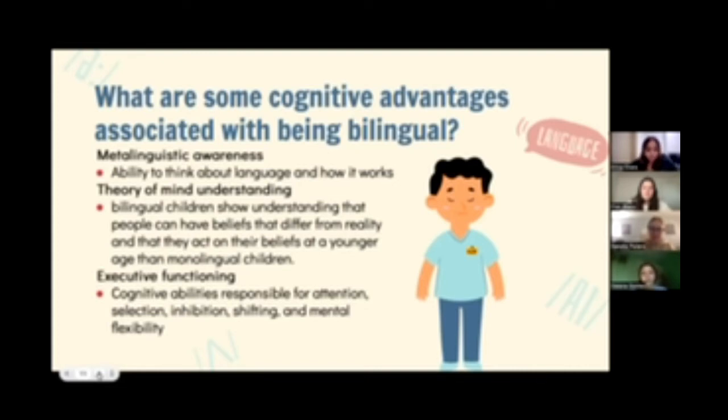When we talk about theory of mind, bilingual children have scored higher in studies such as the false belief task, in which children have a better understanding that people have beliefs that differ from reality. And executive functioning, bilingual children have proven to have better cognitive abilities responsible for attention, selection, inhibition, shifting, and mental flexibility.